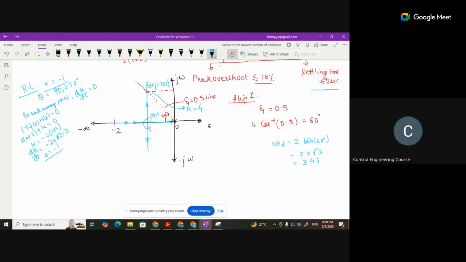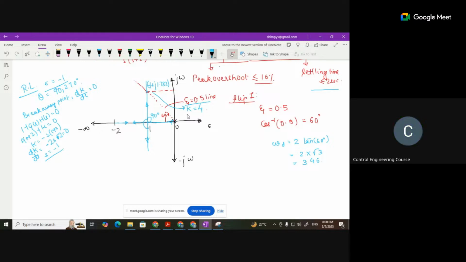From the angle of this damping ratio line, which is 0.5 here, you can calculate this omega d as 2 into tan of that angle. Now can you calculate omega n, and see how much you're getting? Why did we use omega d equal to 2 tan 60?